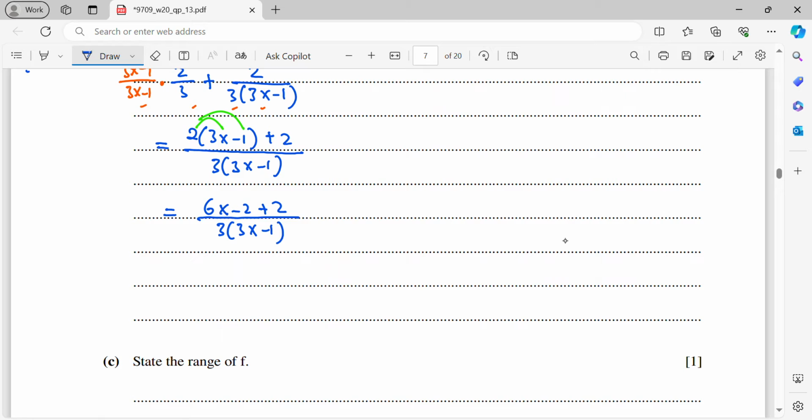Then the minus 2 and 2 cancel off. You will get 6x over 3 of 3x minus 1. And then now, the 6 and 3 can be simplified. Therefore, I'm getting 2x over 3x minus 1.